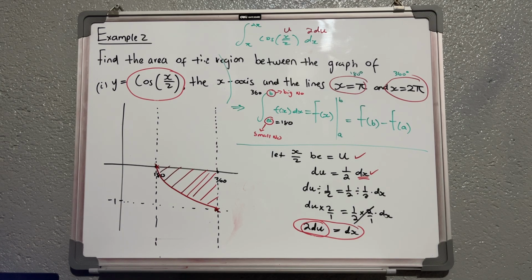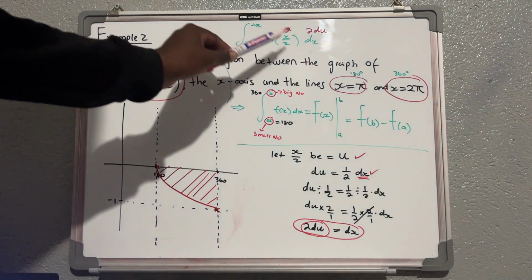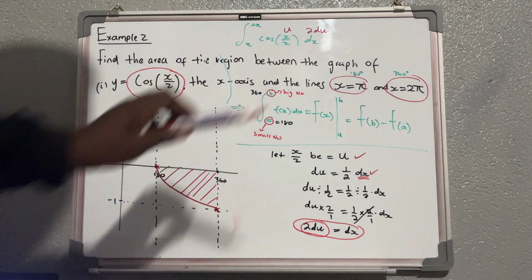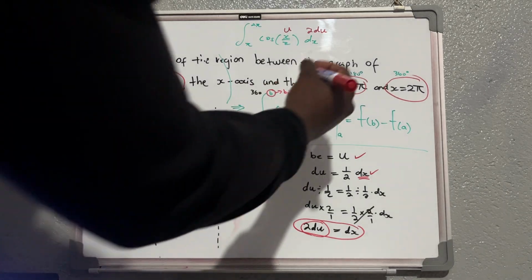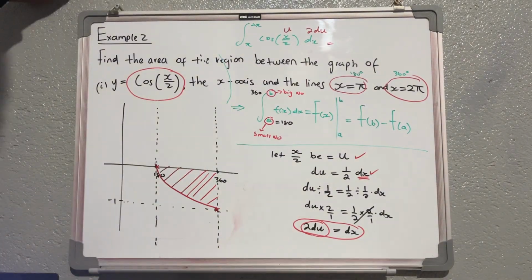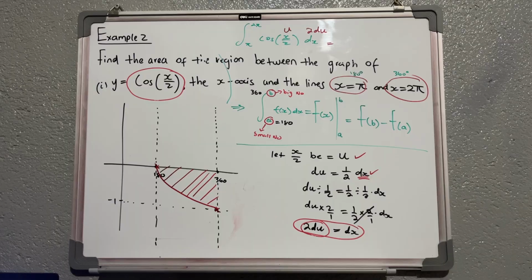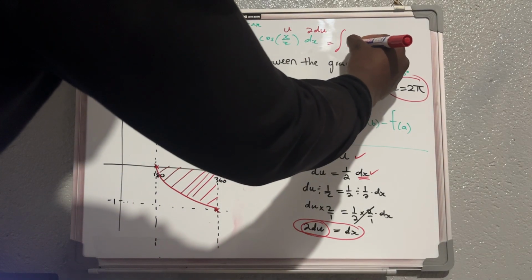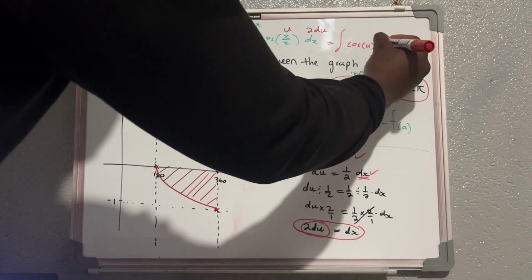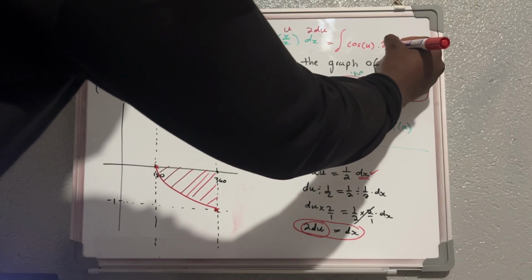So how is this going to look if now we have replaced everything with this? Because now this is the step that we have to write and continue with our calculation. So since I have smaller space here, I can even write it here. We're going to have cos of u, then multiplied by your 2 du.